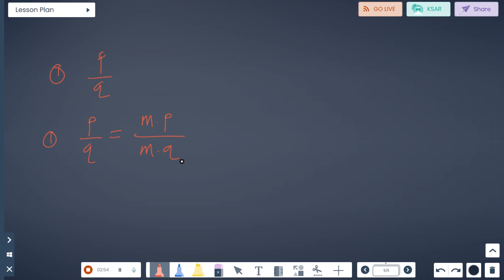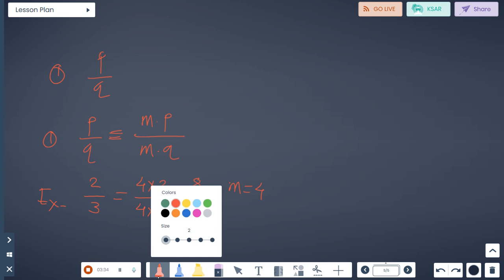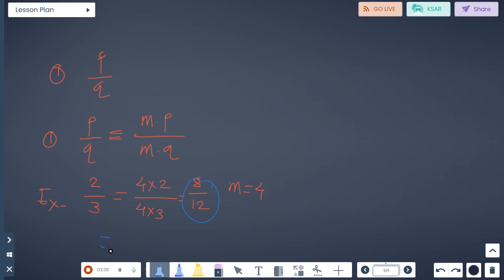For example, for the ratio 2 upon 3, if we multiply by m equal to 4, this can be written as 4 multiplied by 2 upon 4 multiplied by 3, which is 8 upon 12, and again we can rewrite 8 upon 12 as 2 by 3.